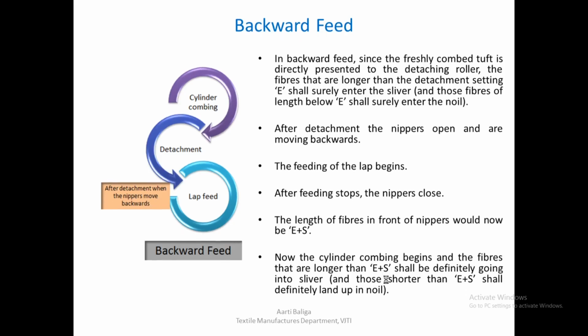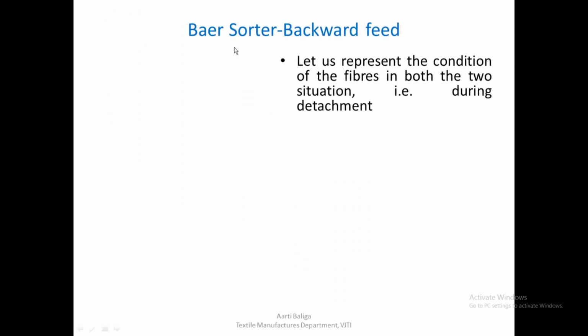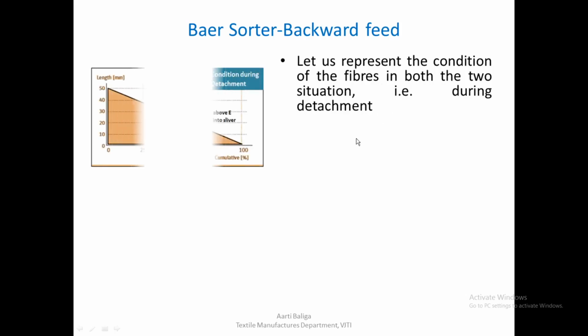So let us go further and see the Baer sorter in case of a backward feed. Let us represent the condition of the fibers in both situations. During detachment, we have seen that fibers above E shall go into the sliver. So this would be the way the Baer sorter would look. This is the length E that has been represented over here, which is the detachment setting.